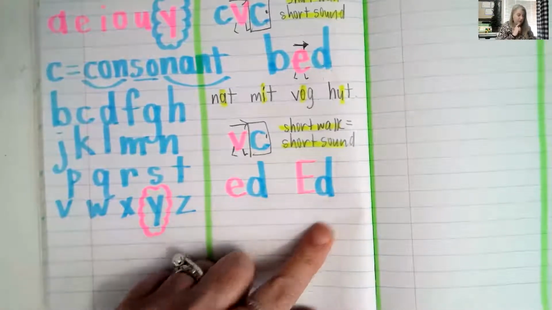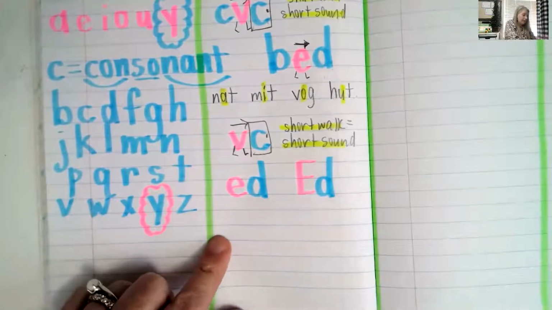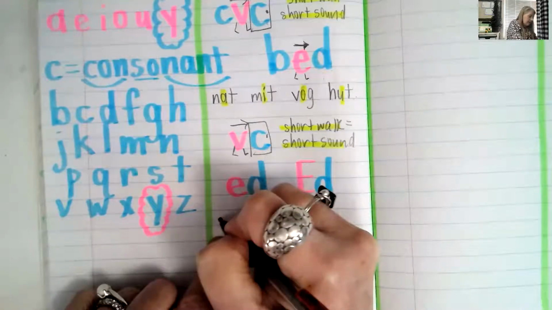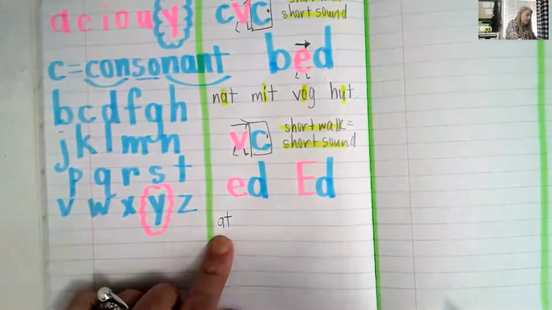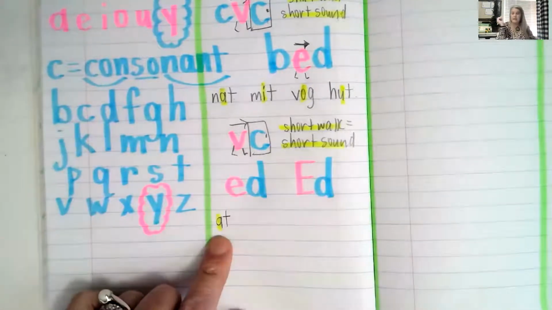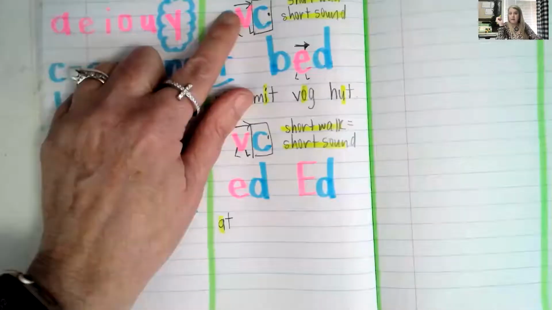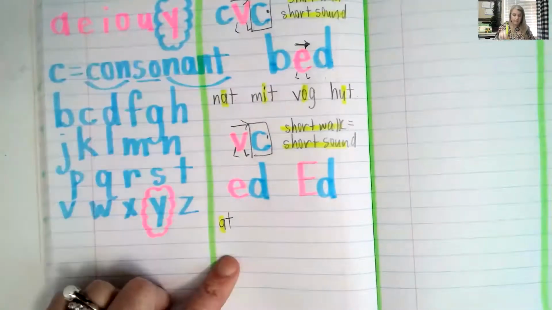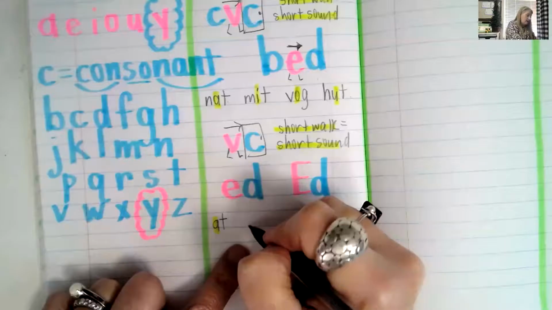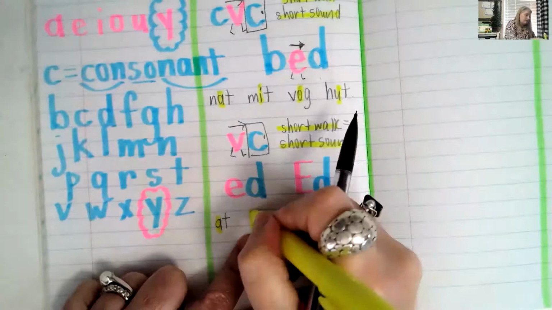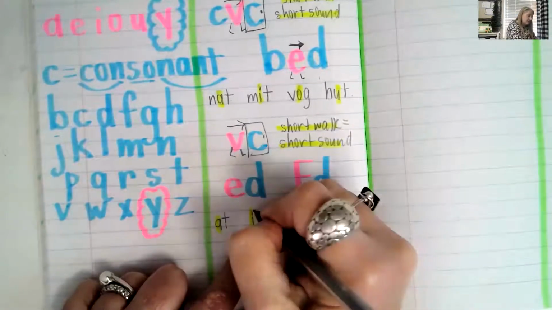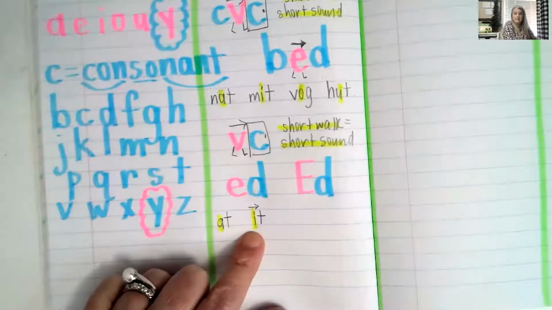Let me think of some other words. How about the syllable at. Here's a word, at. Highlight. I can make other words with that too, like cat and pat, following the first pattern. How about it? Short walk, short sound. Remember, it's walking in the direction that we read it.